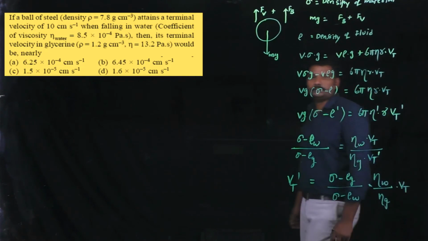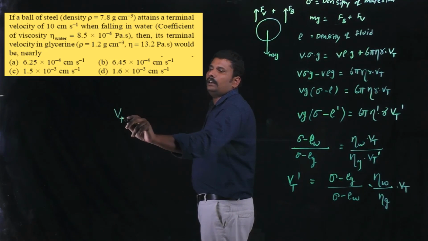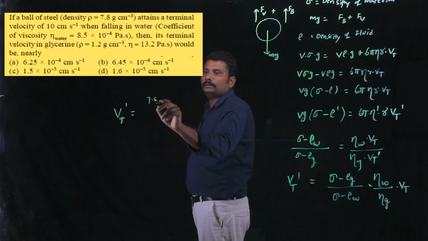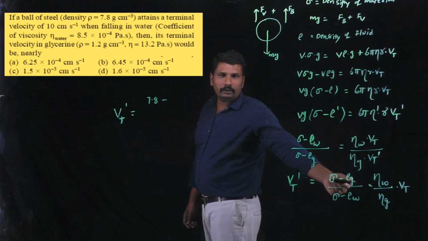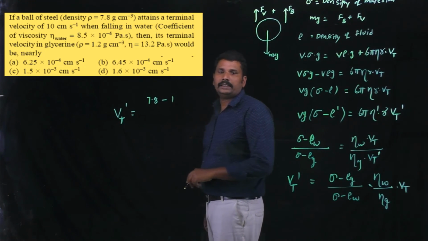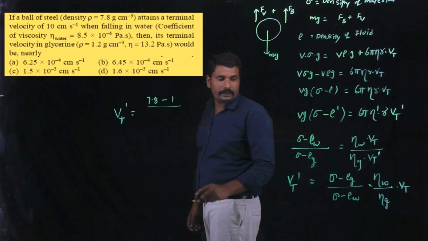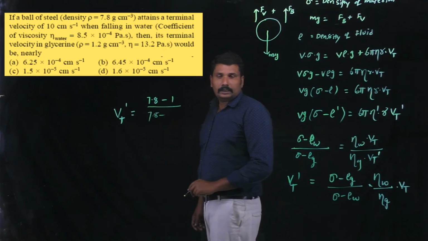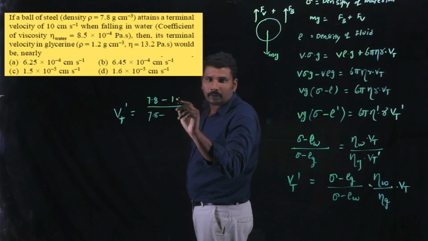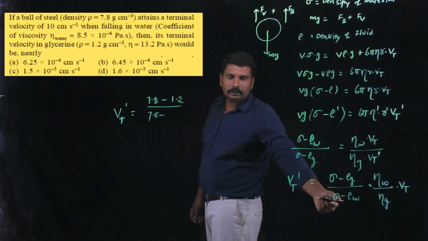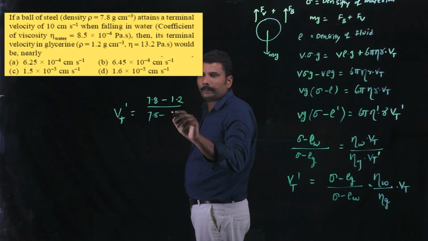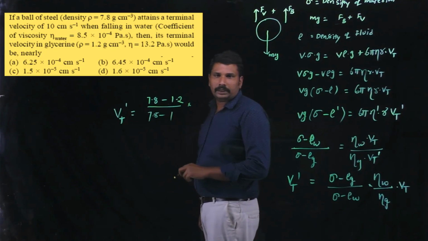By substituting the values, the terminal velocity of the steel ball in glycerin is Vt dash equals: density of the steel ball, 7.8, minus density of glycerin, 1.2, and in the denominator, 7.8 minus density of water, which is 1, into the coefficient of viscosity of water.